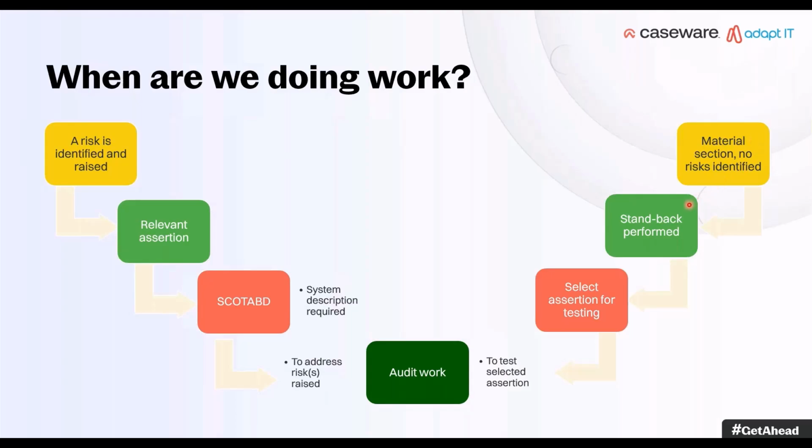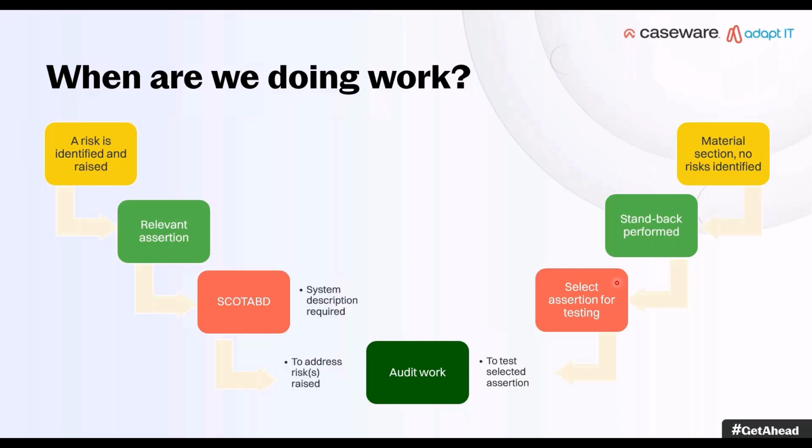We asked, are we sure there really is no risk of material misstatement for this account or section? And we said yes, we are sure. The standard then says we must select an assertion to test: even if there's no risk, if something had to go wrong, where would it possibly go wrong? We select that assertion, and we refer to it as a selected assertion in the probe methodology.